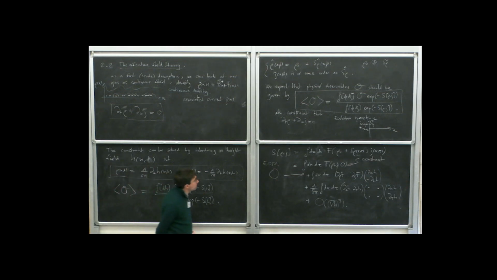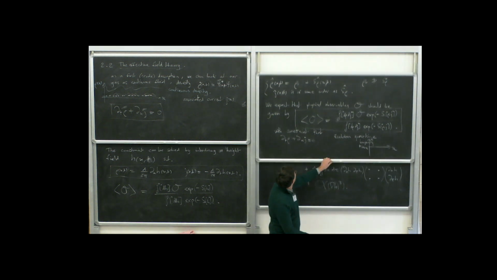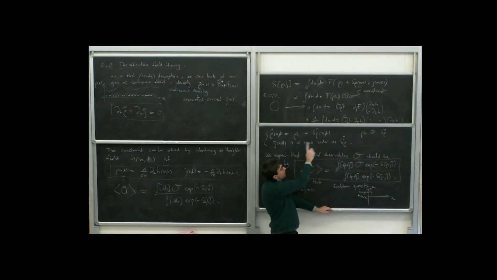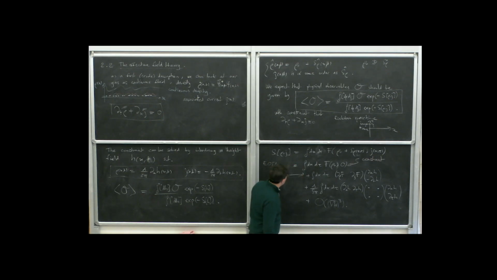Otherwise, we are expanding around the minimum. The ground state has to correspond to a minimum of this action. We are assuming that near the ground state we have this. And so this thing has to be 0 because that needs to satisfy the equation of motion. And then we see that the first term that is relevant for our purposes, to capture the fluctuations, is this second order term.